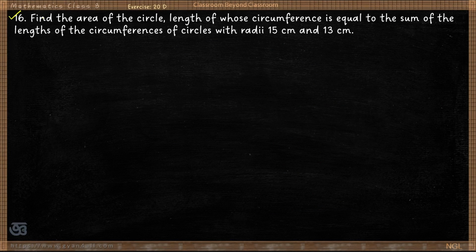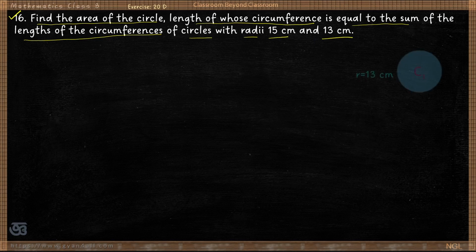Question number 16. Find the area of the circle whose circumference is equal to the sum of the circumferences of circles with radii 15 centimeter and 13 centimeter. So there are two circles. One is with radius 13 centimeter. Suppose C1 is the circumference.